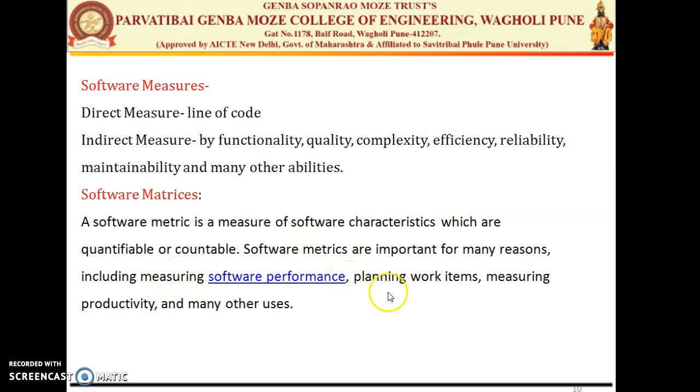Software metrics are important for many reasons. They include measuring the software performance, planning work items, measuring productivity, and many other uses. So software metrics are used for measuring or mapping different parameters. The first thing is the software performance.